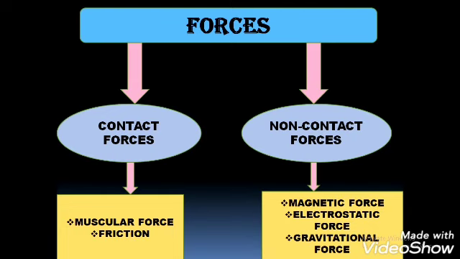Muscular force and friction are examples of contact forces. Magnetic force, electrostatic force and gravitational force are examples of non-contact forces. We are going to study these forces in more detail. Are you ready?